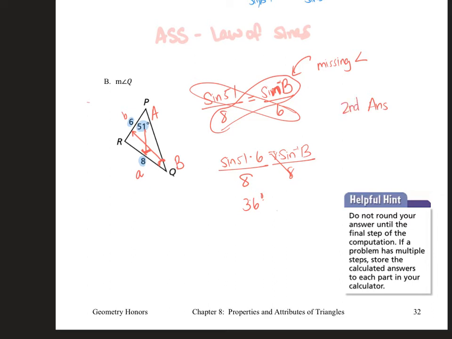Once you get that answer of 0.5828594771, you can then press inverse sine on your calculator, and then press second and the answer button. And so it'll do the inverse sine of all of those numbers without you having to write them down. And you'll get 36 degrees. So this is just how to use your calculator.